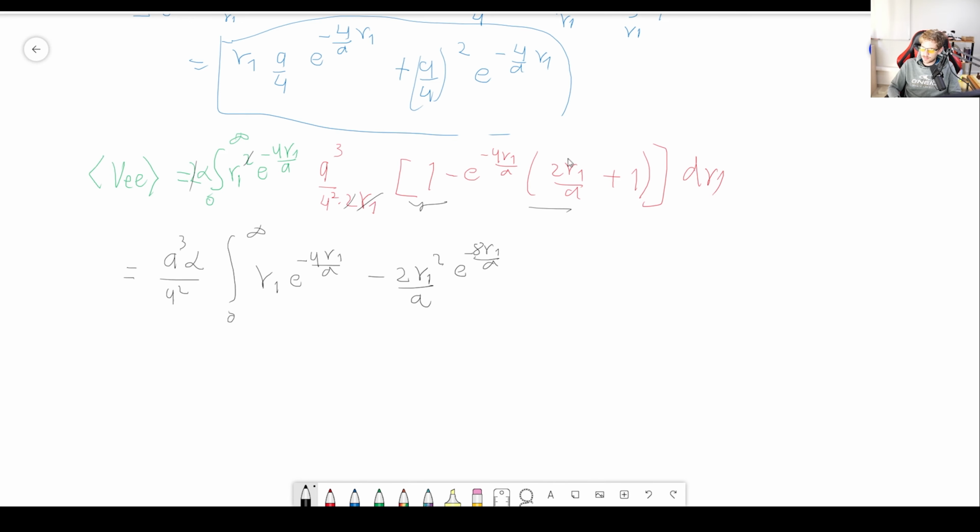Because we have to multiply both of the exponentials together. So we use this, yes. And finally, this part right here, we get minus R1 e to the minus 4 R1 over A. And that's it, right? There's nothing that I'm forgetting.